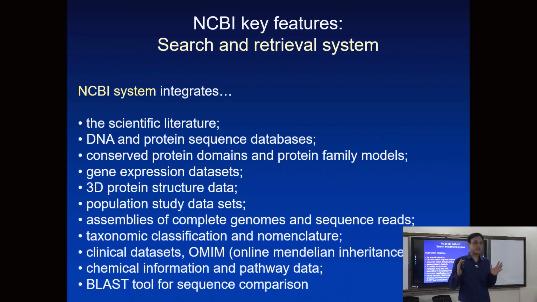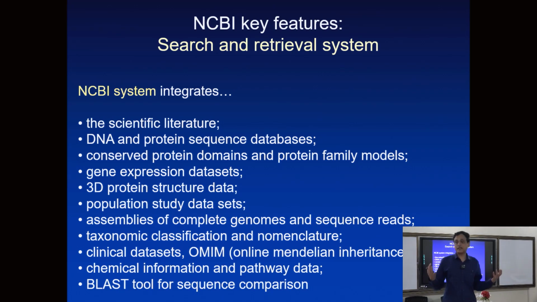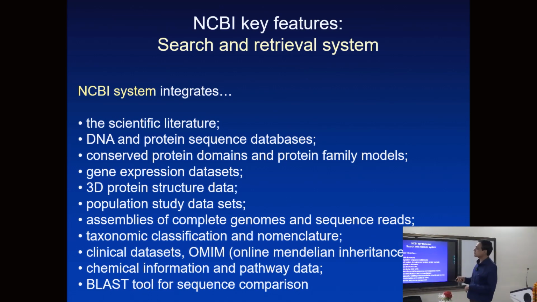So what those regions are, what those domains are in different proteins, as well as the protein families. As you know, genes and proteins come in families. So you would want to identify different gene or protein families. So that information is also there at NCBI.